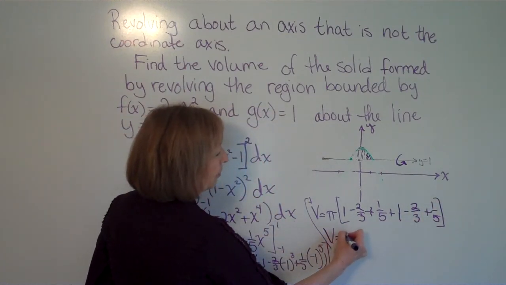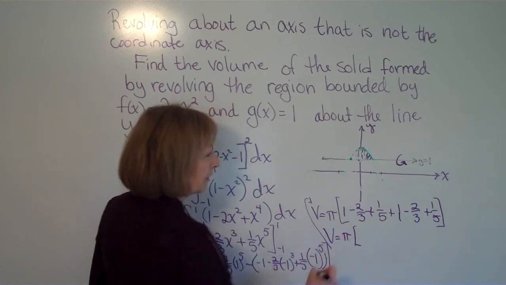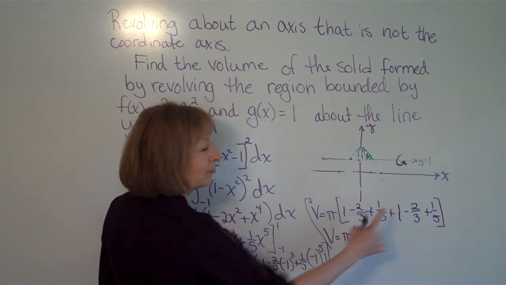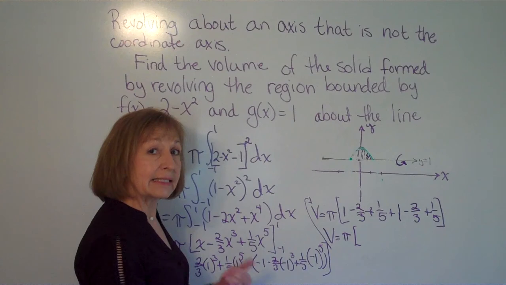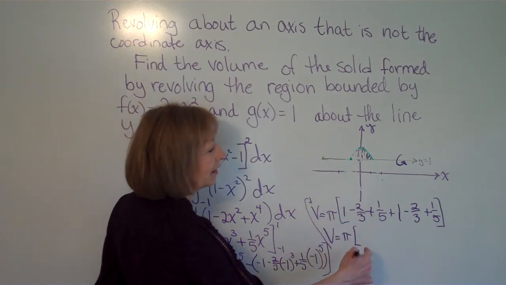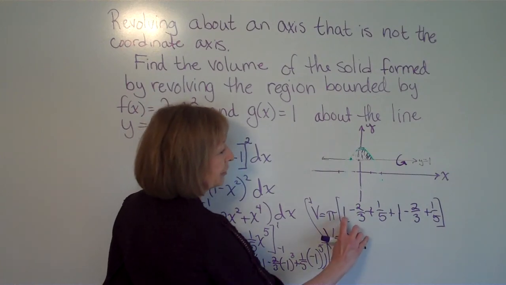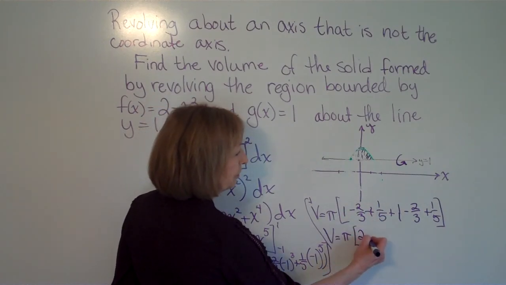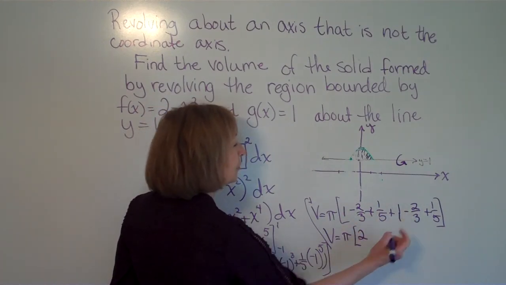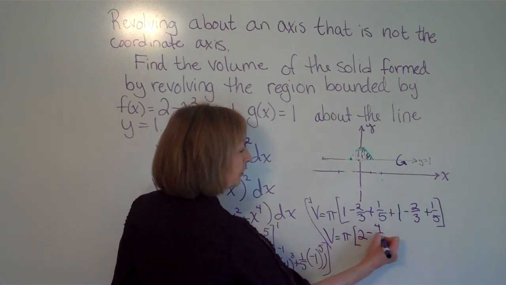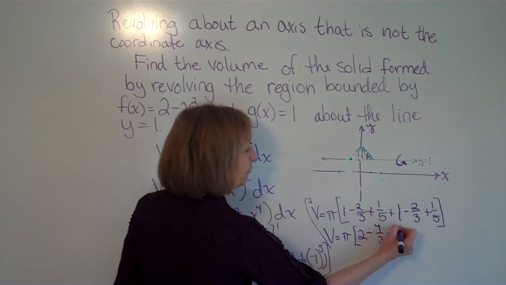And so when we go through and do the arithmetic, sometimes I like to leave them like this first and see if, when I combine the fractions with common denominators, something turns into an integer. So I have 1 plus 1 is 2, and then minus 2/3 is minus 4/3, and then plus 2/5.